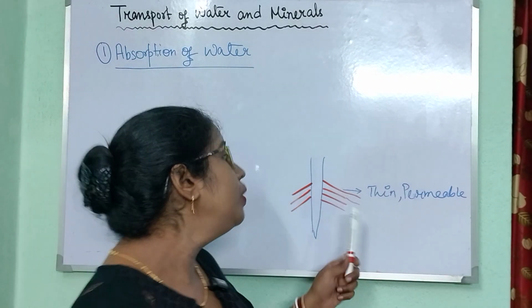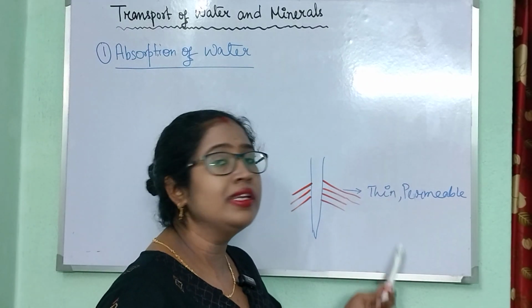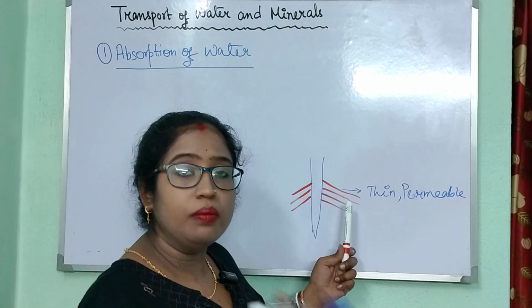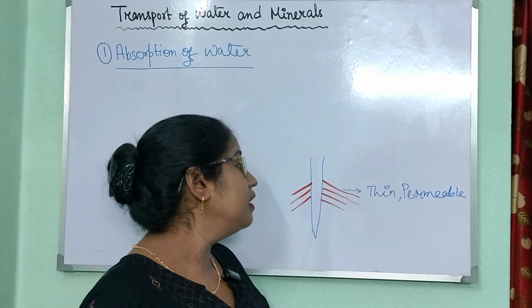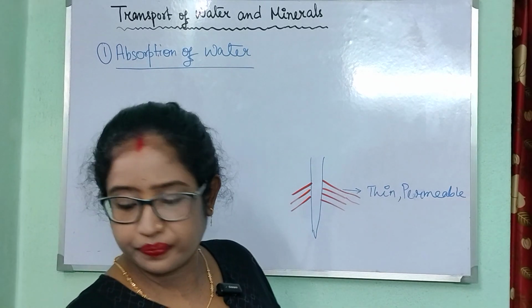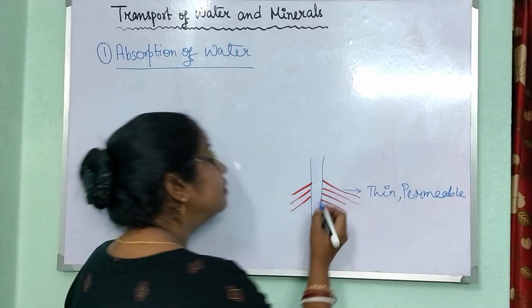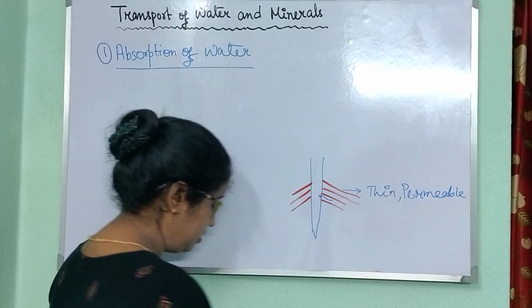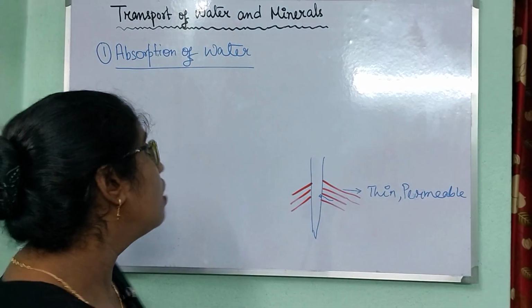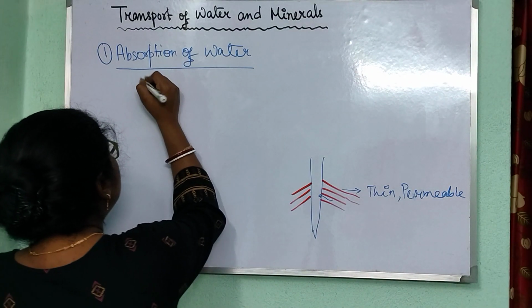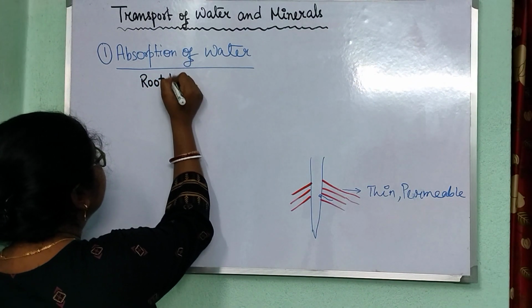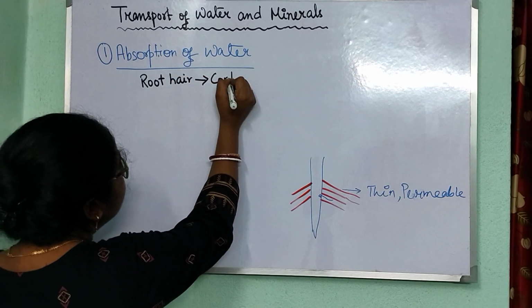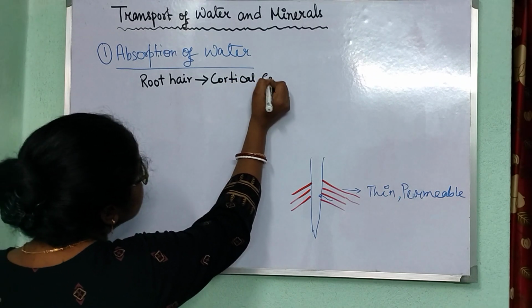So root hair, because of its thin membrane, can easily absorb the water from soil, and the water moves from root hair to the cortical cells.